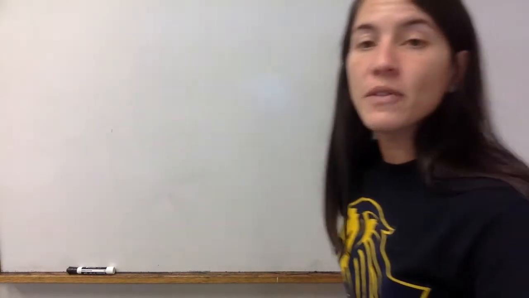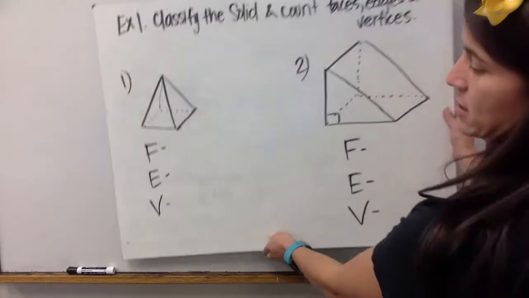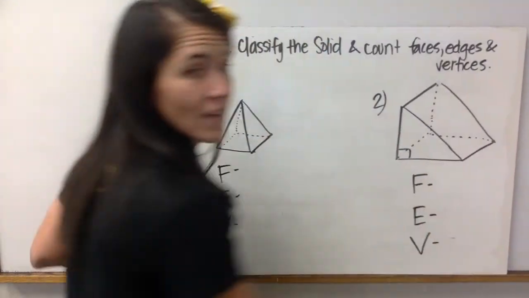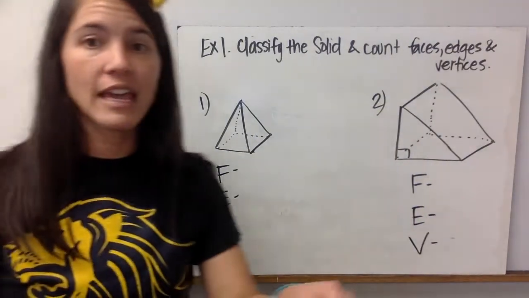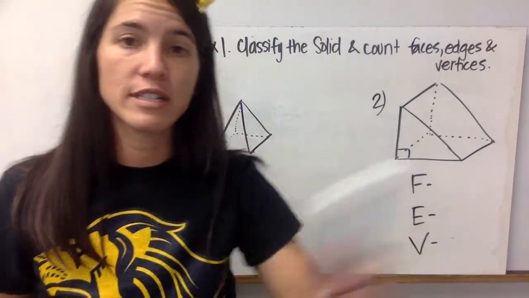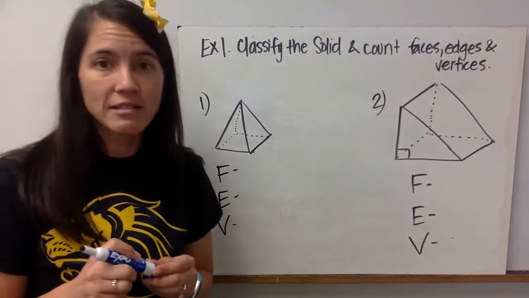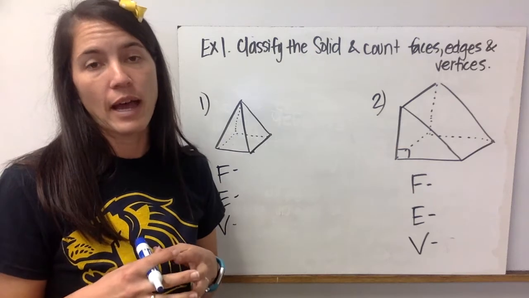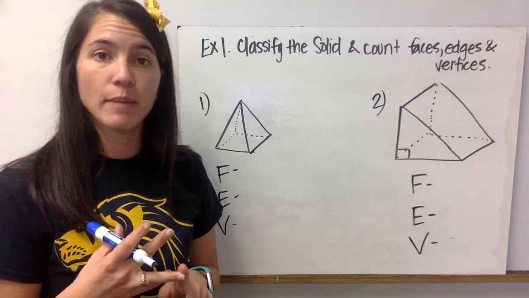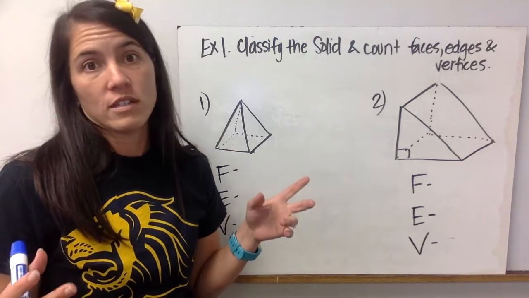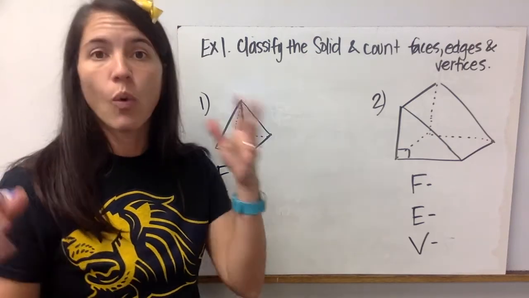Okay, so example 1, classify the solid and then count the faces, edges, and vertices. So the way you classify a solid is first you classify it by, is it a prism, or is it a pyramid, or is it a polyhedron or a non-polyhedron.